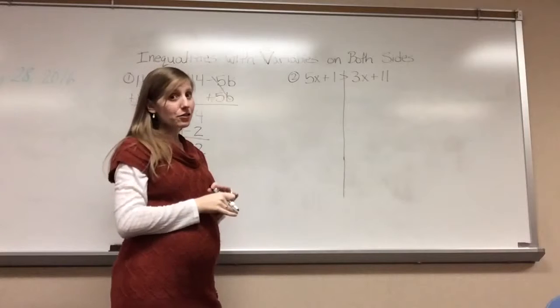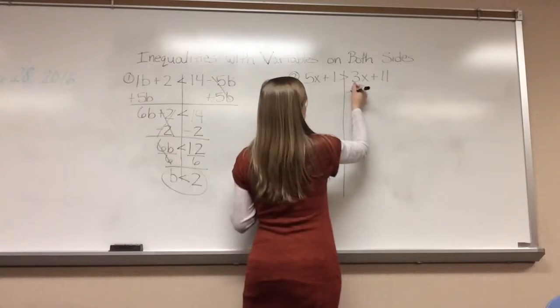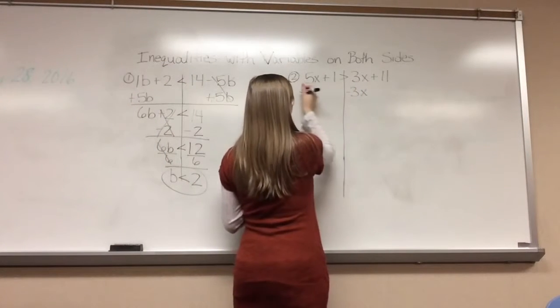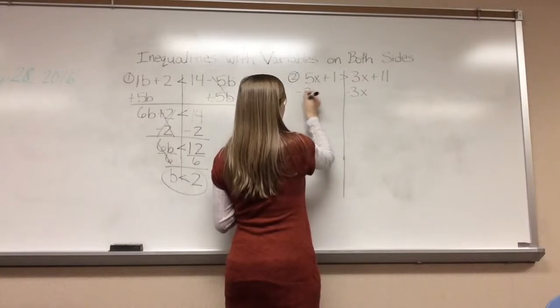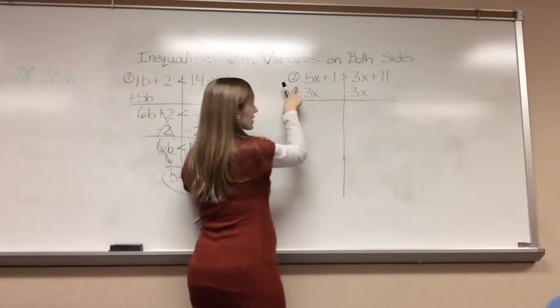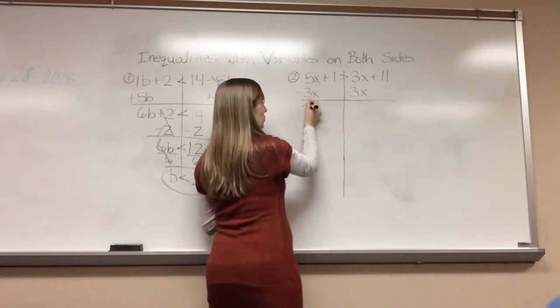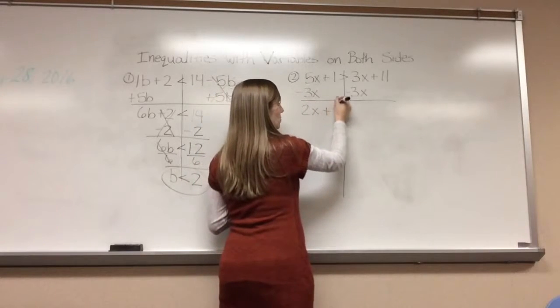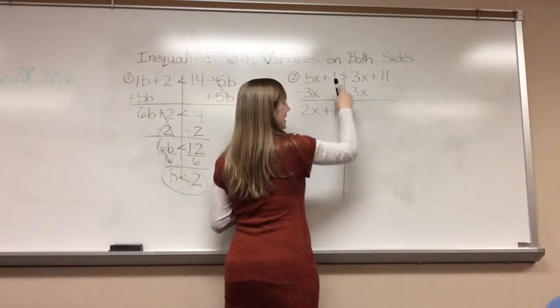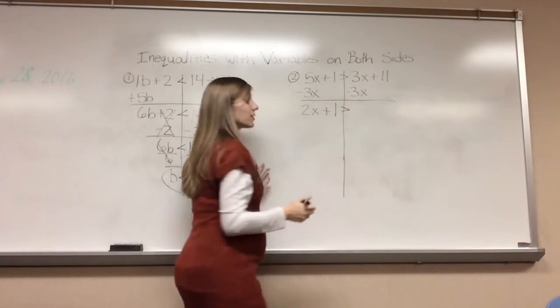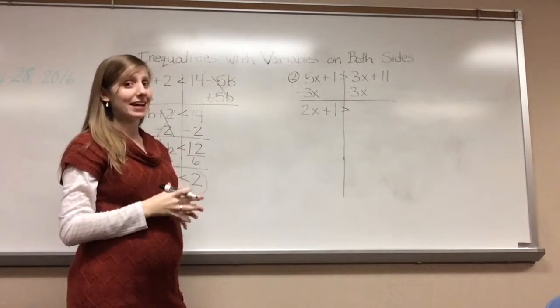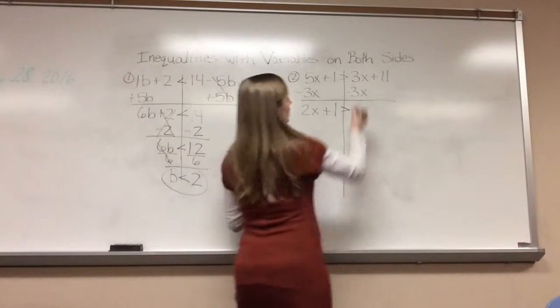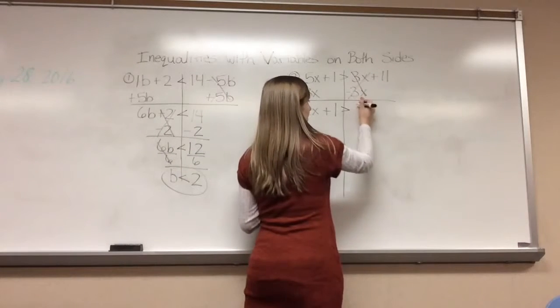That is a positive 3x, so to cancel it, I will subtract 3x from both sides. So 5x minus 3x is 2x. The plus 1 just comes down. My inequality sign just comes down. I did not divide or multiply by a negative, so I don't flip it. My 3x's cancel, and I bring down the 11.